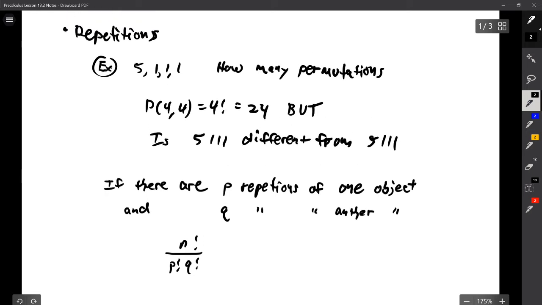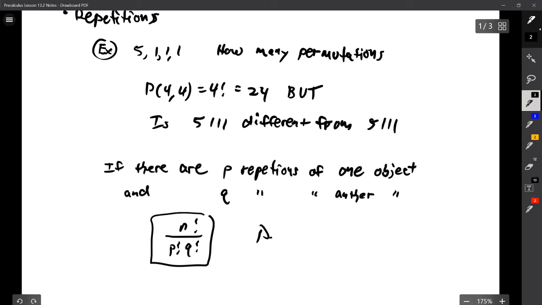Now what's going on there, that's our formula for calculating permutations with repetitions. Oops, that starts with an R. I'll just put reps. With repetitions.